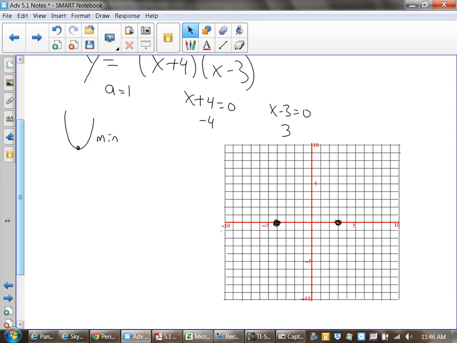The axis of symmetry. Wouldn't the axis of symmetry be the halfway point between those two? What's negative 4 plus 3? Negative 1. What's half of negative 1? Negative 1/2. My axis of symmetry occurs at x equals negative 1/2.